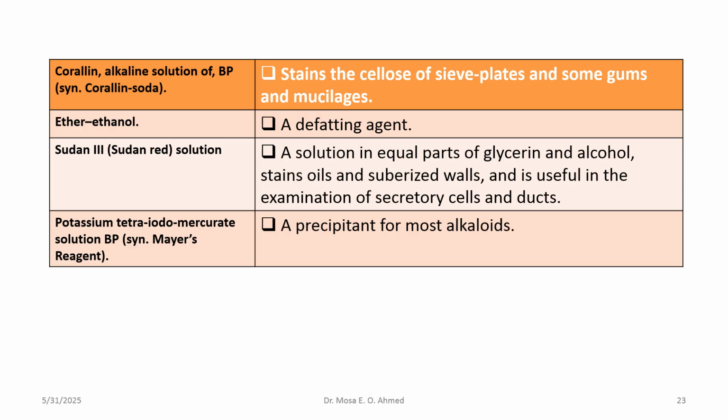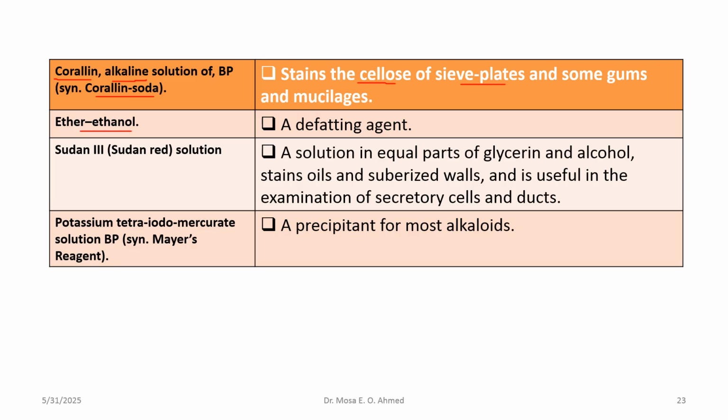The reagent corallin and alkaline solution, known as corallin soda, is a thin reagent for cellulose of sieve tubes, also suitable for some types of gums and mucilage.